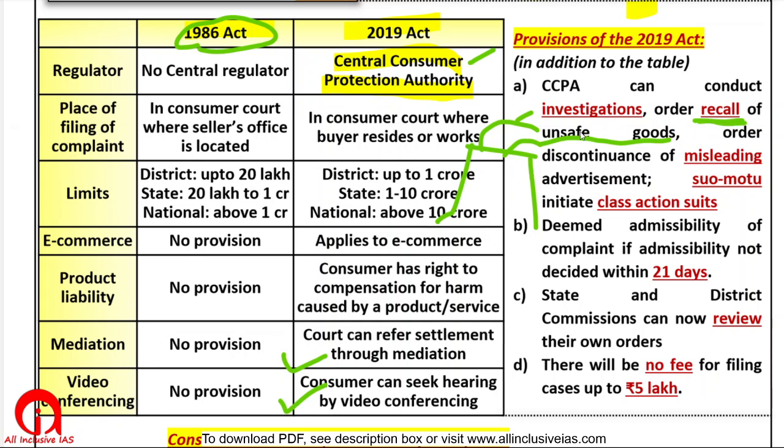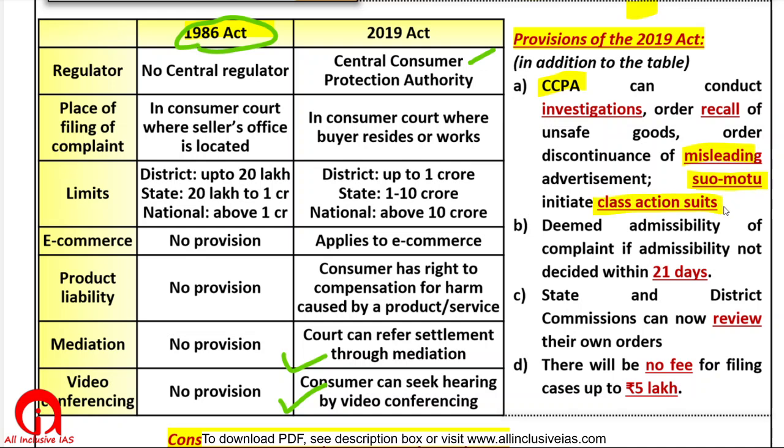Now in this case it is given that this central authority can also order a recall if the company itself is not doing such a thing, if there is some unsafe product. And if there is any misleading advertisement, this authority can itself, suo motu, initiate class action suits.